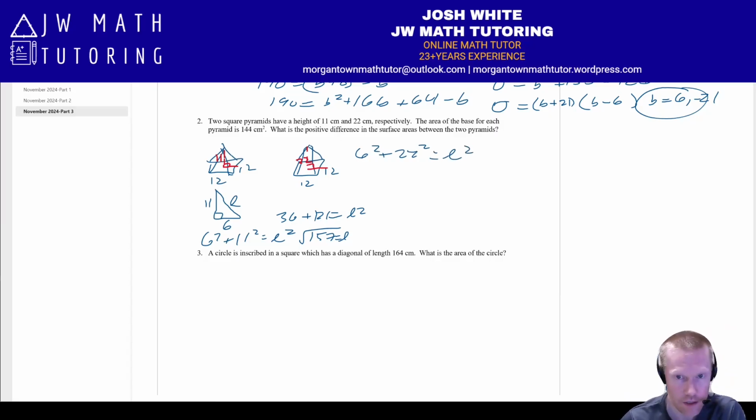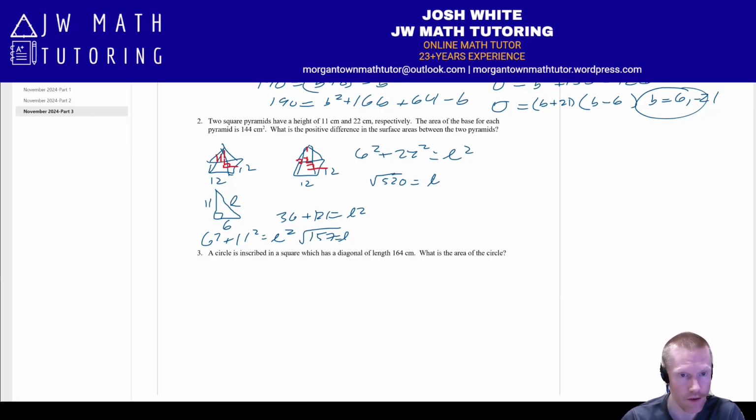So when you do that, you end up with L equal to the square root of 520. And you could do these in Desmos and get the decimal values, that's fine. If the answers had square roots in them, you would just have to type them in to figure out which one was equivalent to the decimal value you get.